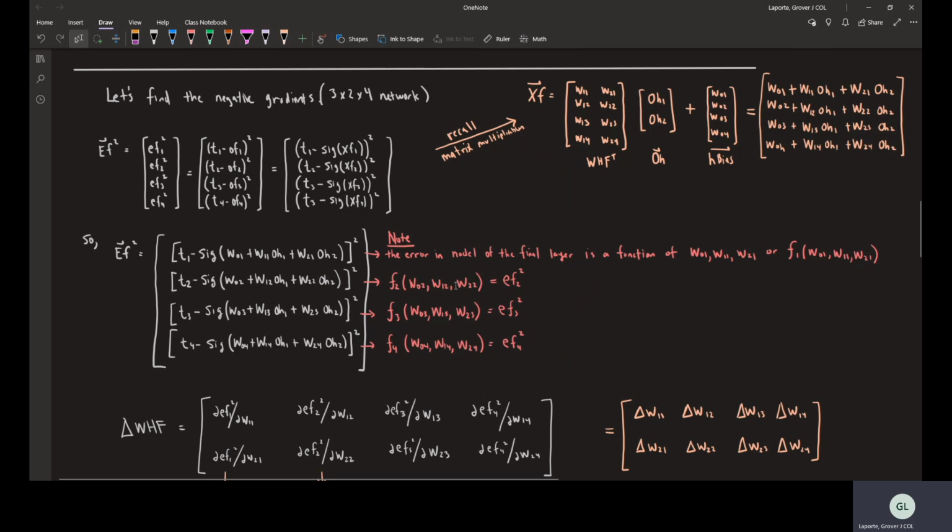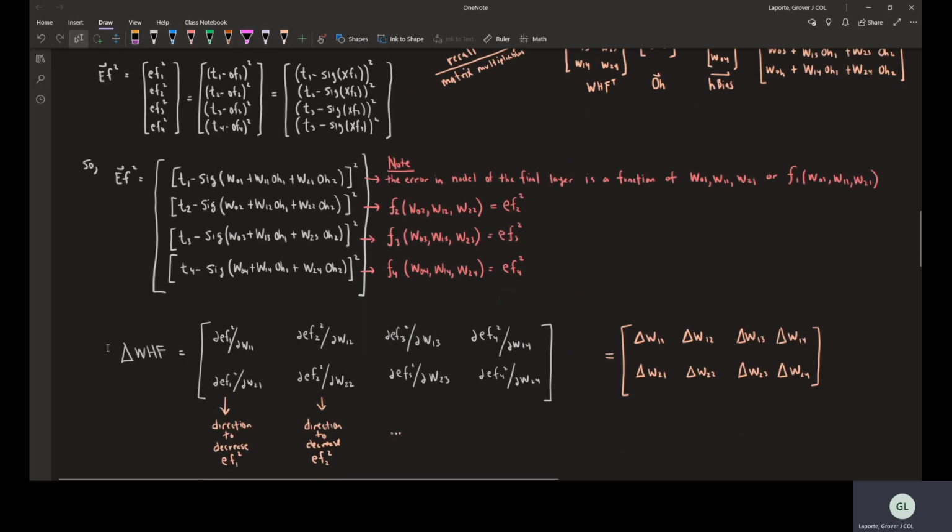So this first one is f1 of W01, W11, and W21, and is equal to E1 squared. The second one is a function of W02, W12, and W22, and so on. You can see, just by using forward propagation, how we come up with these functions and what I need to take the partial derivative of in order to update my weights.